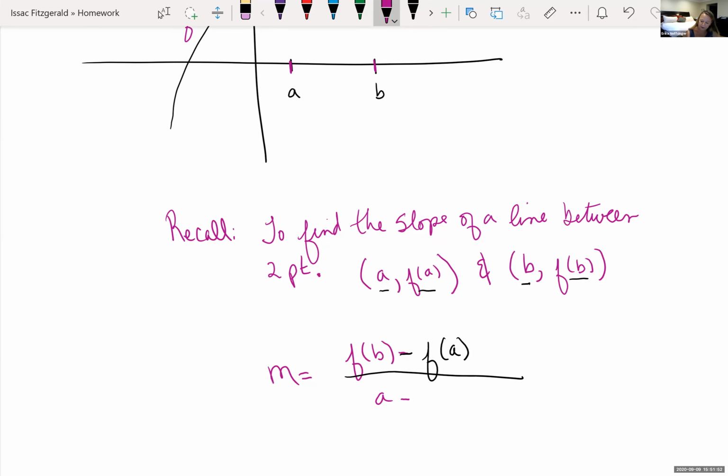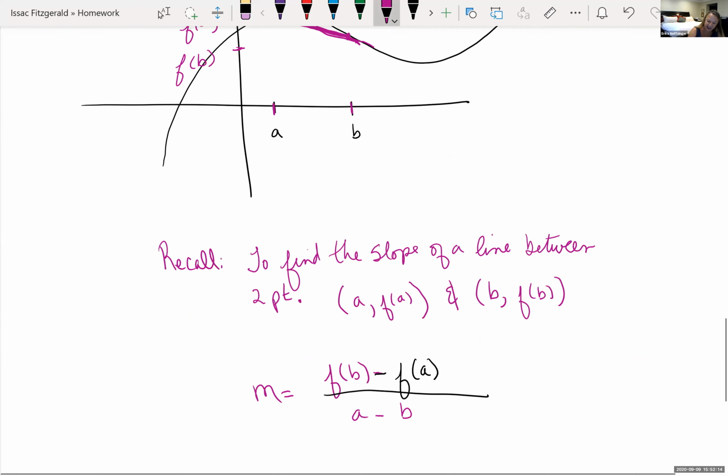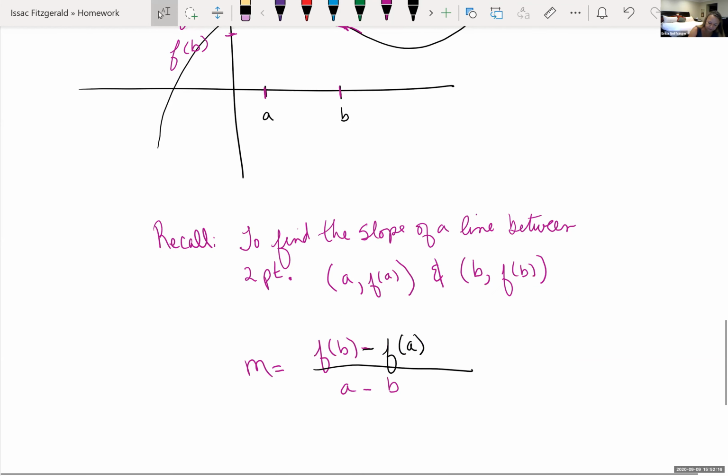I'm sorry, b minus a. Okay, so that would give us the slope between these two points. And this would give me the average rate of change. So this is the average rate of change.